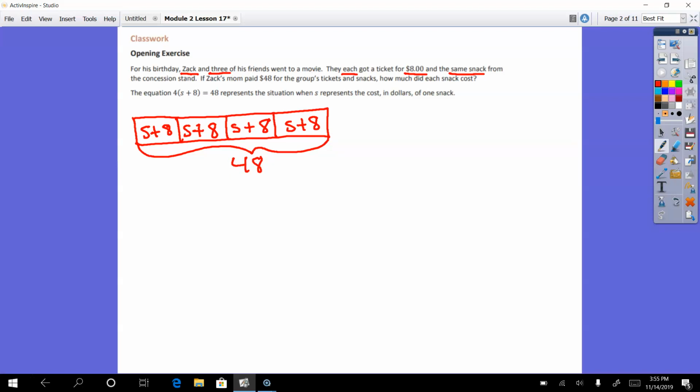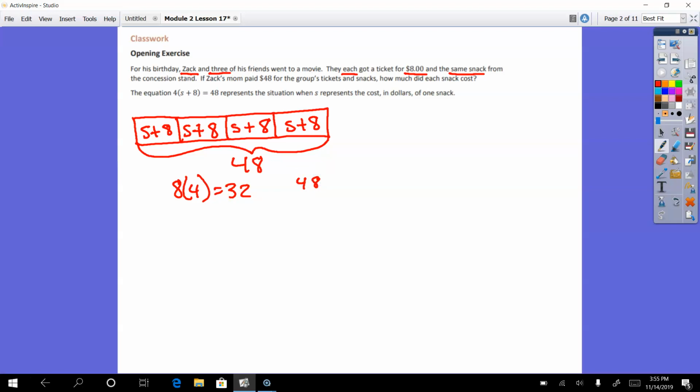Okay, so we can figure out how much we paid total. We said there was 8, 4 times, so we can do 8 times 4 is 32. So we had $48 that the whole thing cost.